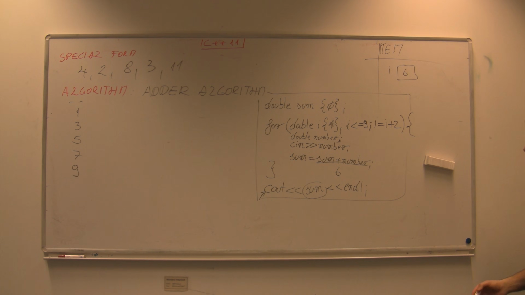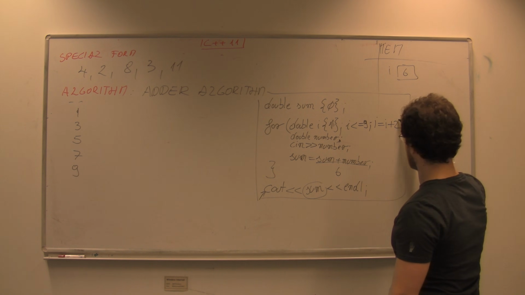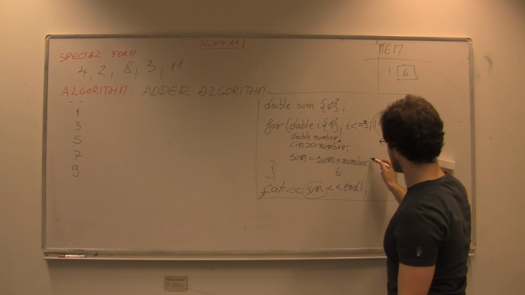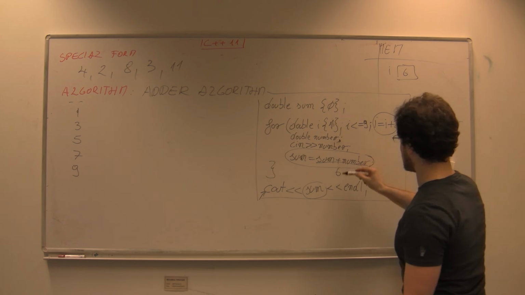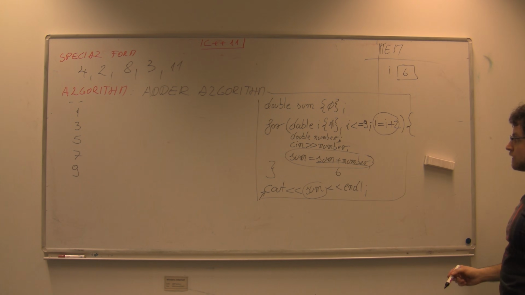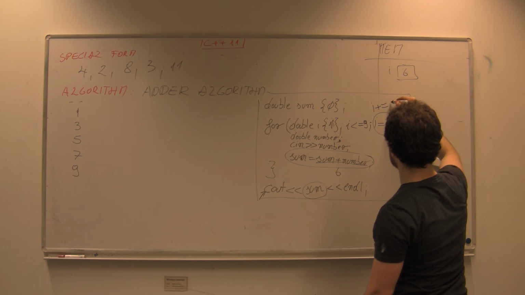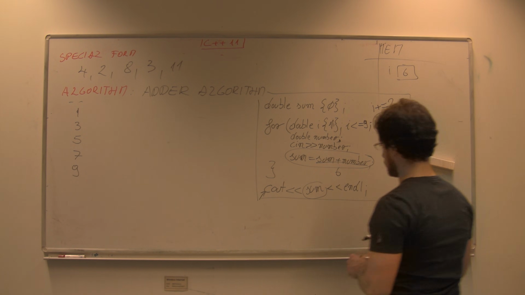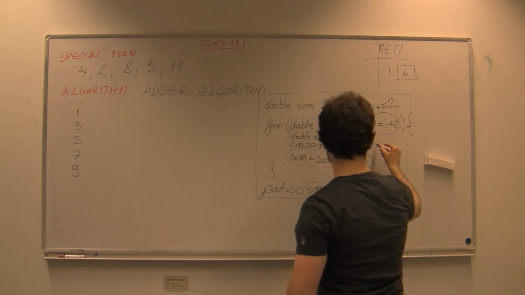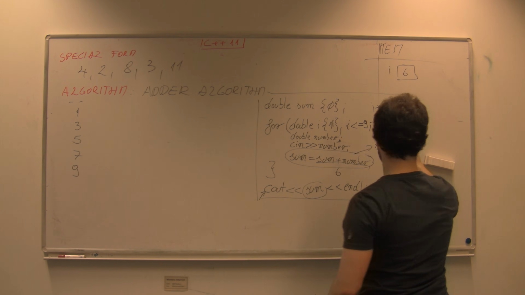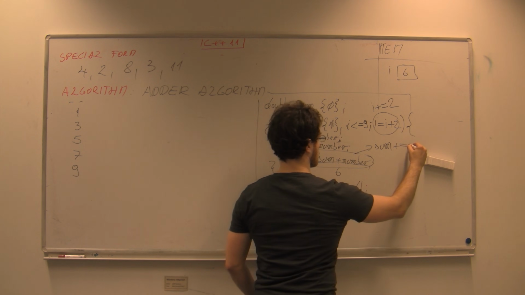Okay, but there is a shorthand for expressions of this kind. Instead of writing it the long way, you can write it shorter, like this, i plus equal to. Or this would be equivalent to sum plus equal number.